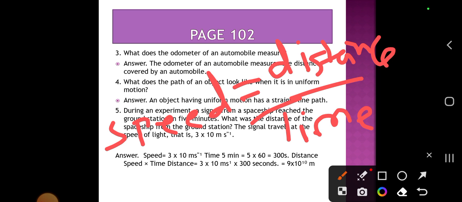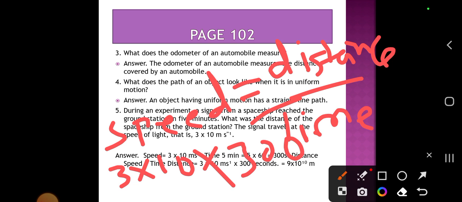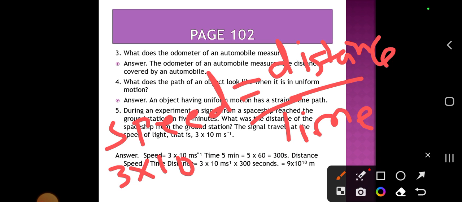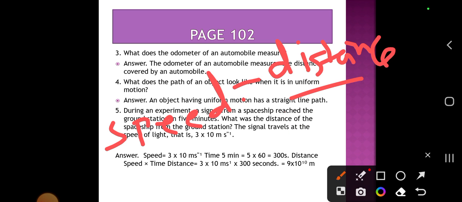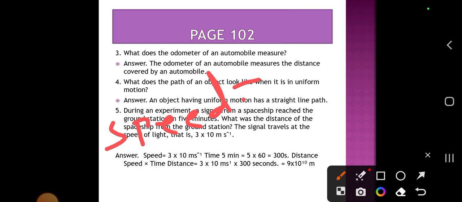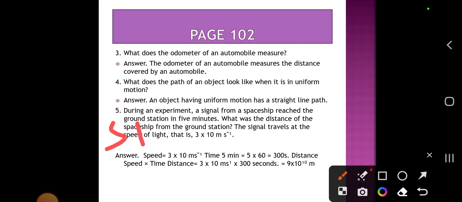Speed is given, that is 3 into 10^8, and the time is also given, that is 300 seconds. So what answer will we get? That is 9 multiplied by 10^10 meter.